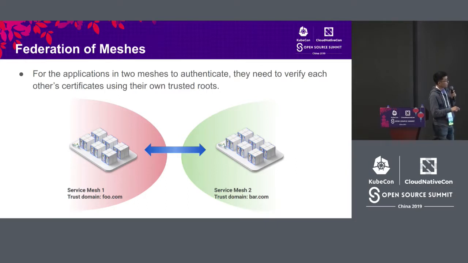If you want a service in service mesh 1 to authenticate a service in service mesh 2, you need to have this service be able to authenticate the certificate presented by the other end using its own root of trust. So how do we do it?